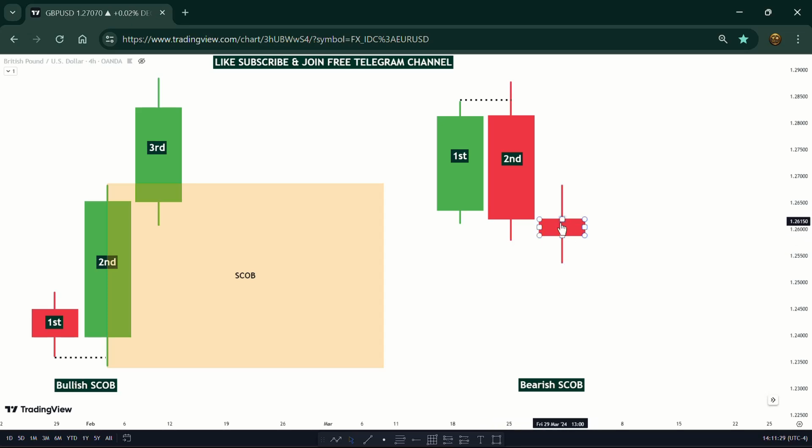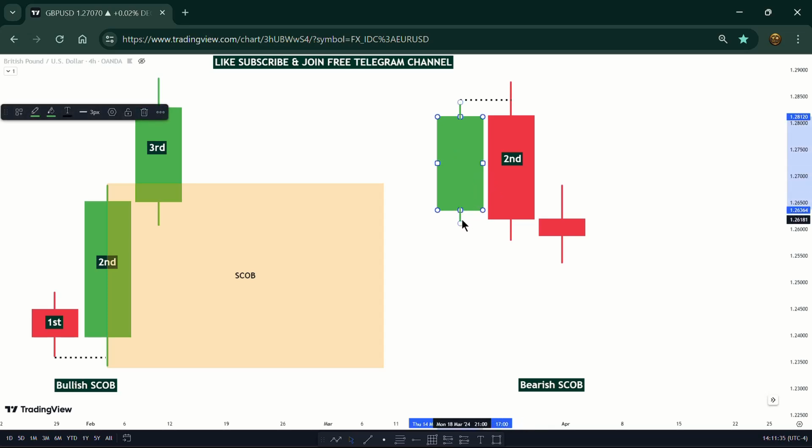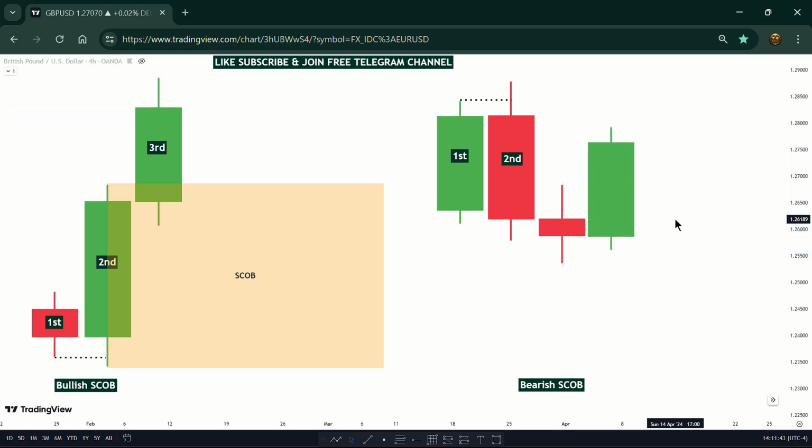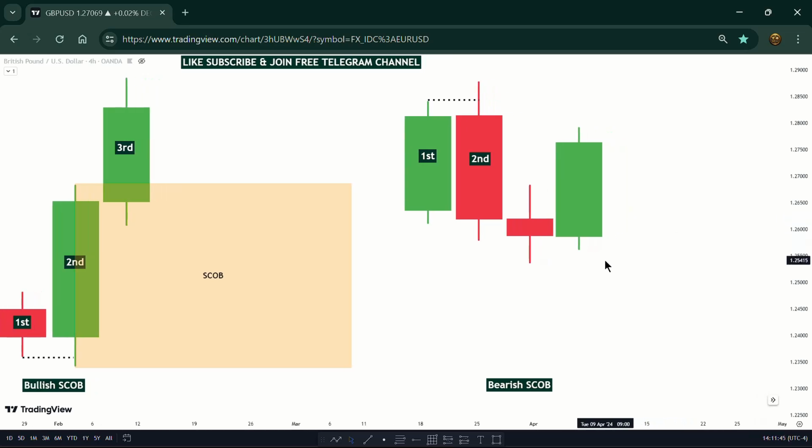So this is not your third candle. Then another candle can form like this. You may have another candle like this. So you still don't have a third candle. In short, this one is not a single candle order block just yet. You still need to wait for that third candle to form.